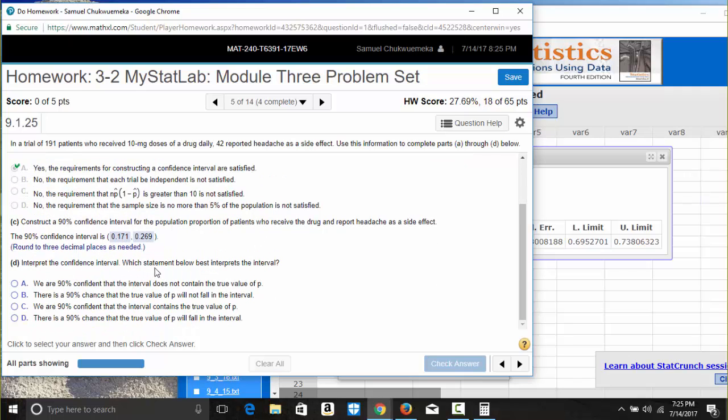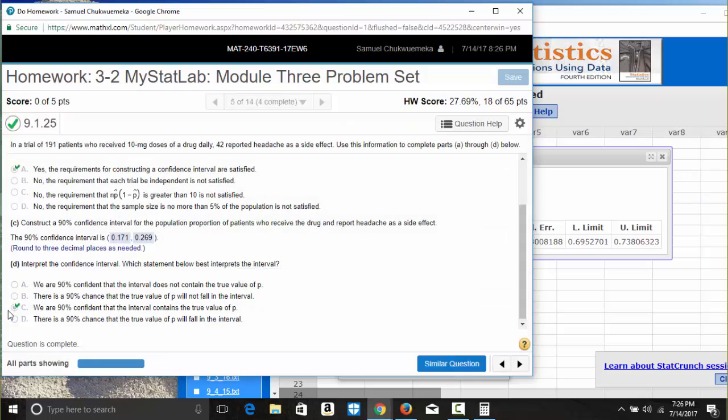Which statement below best interprets the interval? We are 90% confident that the interval contains P. That the interval contains the true value of P. That is what it means.